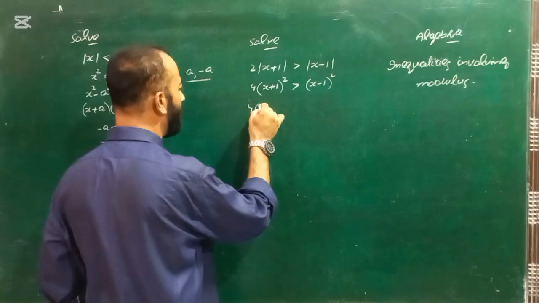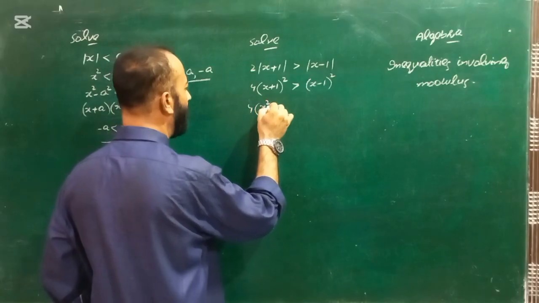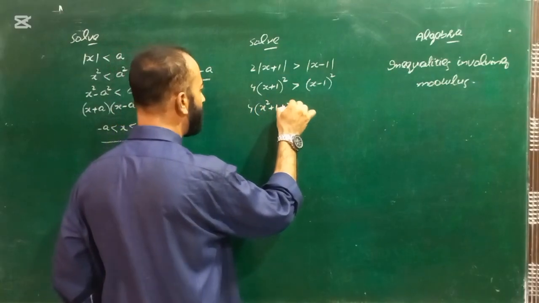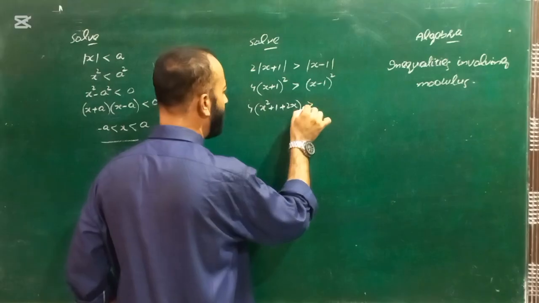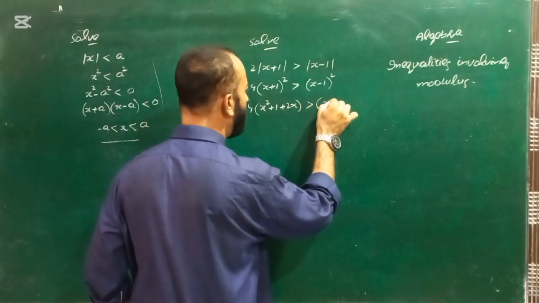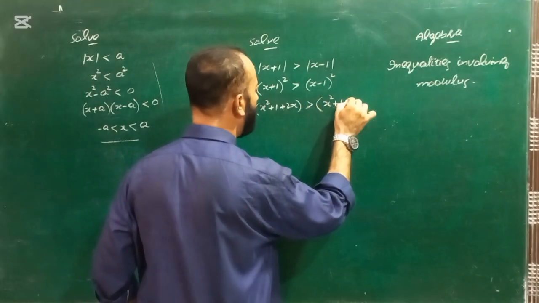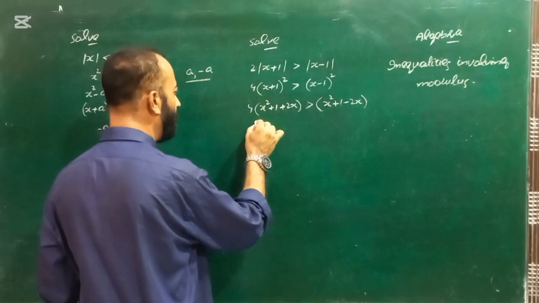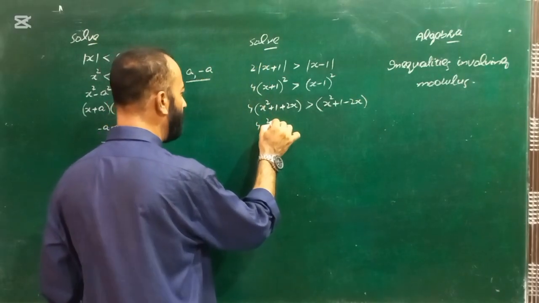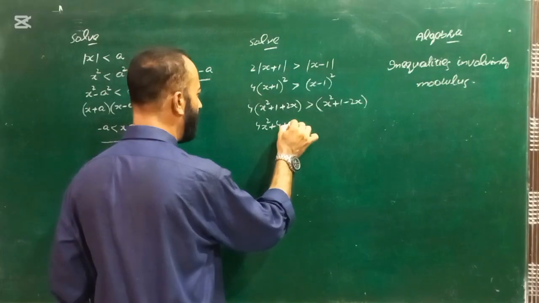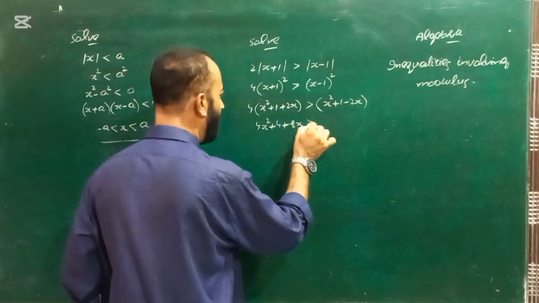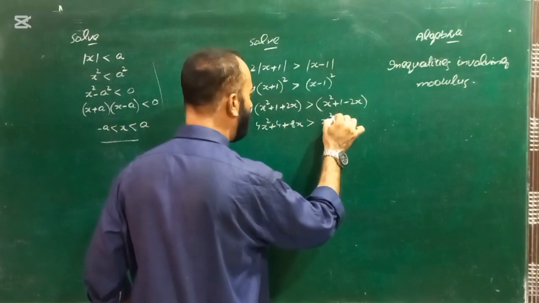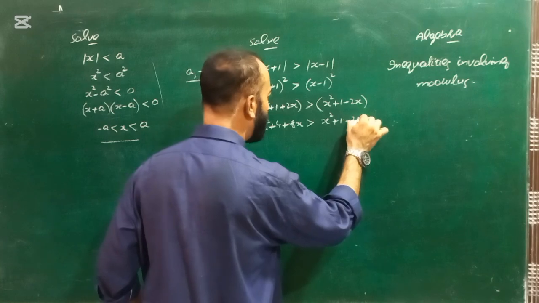So x square plus 1 plus 2x, this sign is still there. On the right hand side, x square plus 1 minus 2x. Multiplying 4 inside the bracket, it will become 4x square plus 4 plus 8x greater than x square plus 1 minus 2x.